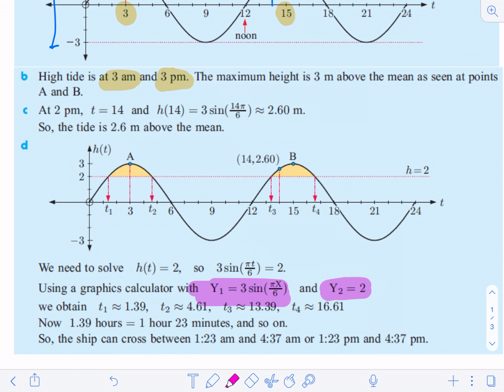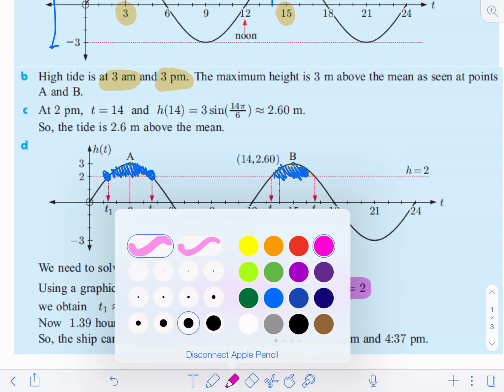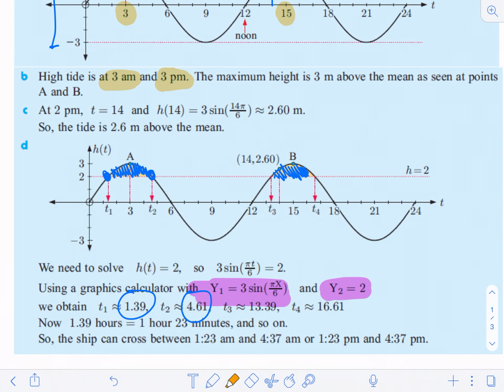That means that any time the graph is above 2 meters, which is this area right here and this area right here, that's when the boat can safely cross. And this point, T1, looks like it's approximately 1.39. T2 is approximately 4.61. And then T3 is about 13.9, and T4 is about 16.6.